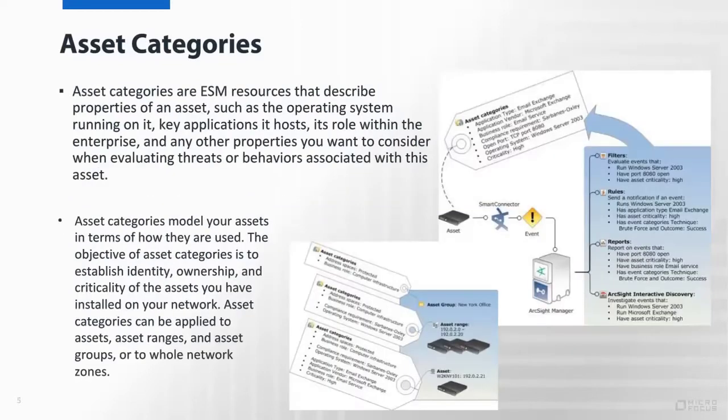So as we mentioned earlier, asset categories are a way to have an extensible schema where you can associate attributes to your assets, asset groups, asset ranges, zones, for example, where you associate an attribute, which could be, for example, whether or not the associated asset is in particular a low, critical, high type of priority within the environment, or whether or not it is part of your PCI compliance, your Sarbanes-Oxley, or all of the above.